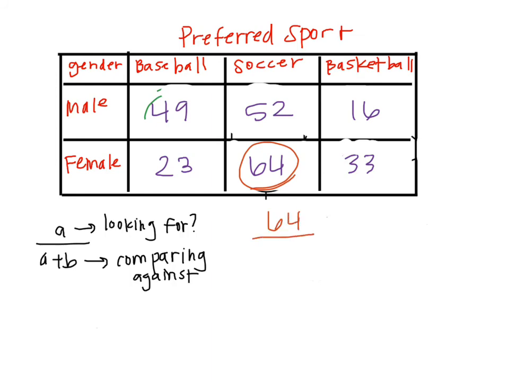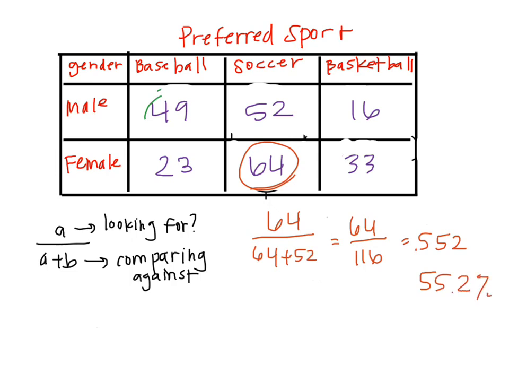So I'm trying to find out how many females like soccer out of all the people who like soccer. Well, all the people that like soccer are 64 females plus 52 males. So that turns into 64 over 116, which will give me 0.552. It's 0.5517, but I'm going to round that up to 0.552, or in other words, 55.2%.